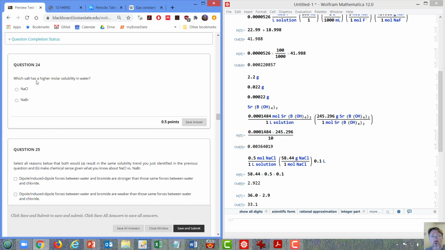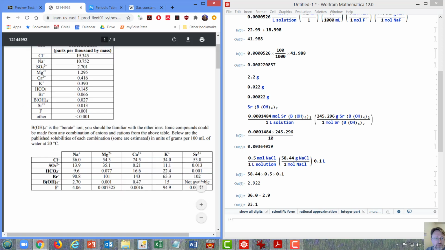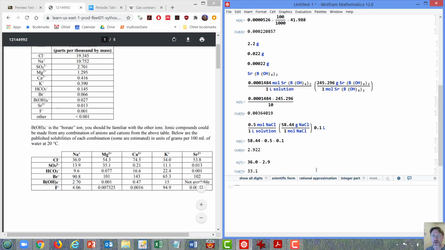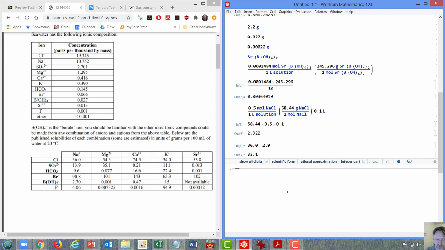Which salt has a higher molar solubility in water? Sodium chloride, sodium bromide. Well, we can get more bromide in by mass, but we need to know by molarity. So we need to take 36.0 grams of sodium chloride in 100 milliliters of solution. Remember, that's what we have here.